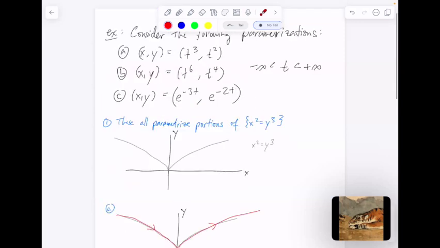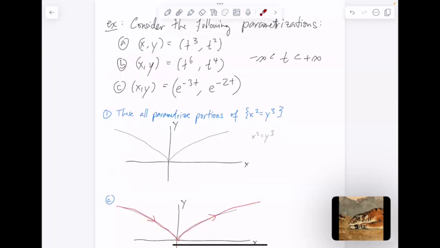Right. So that's a good observation, right? We see that in contrast, if I now look at the parameterization, let's start with B first. We see that x is t to the sixth, right? And it's an even power of t, so it doesn't matter how negative t is, you're always going to be positive, right? So what's happening here is if you look at the parameterization in B, when you start your clock way back in time in minus infinity, your x value is very large.